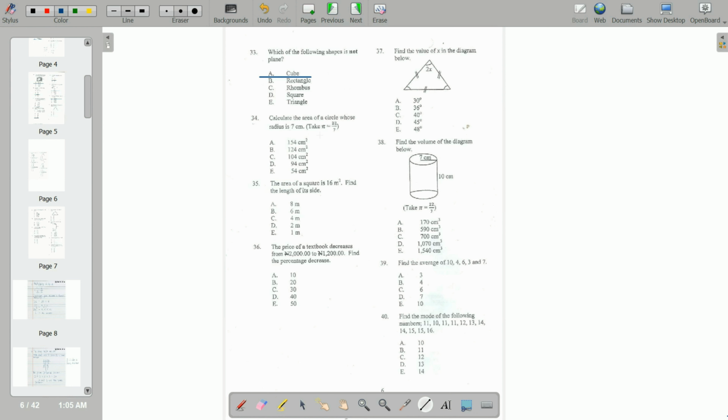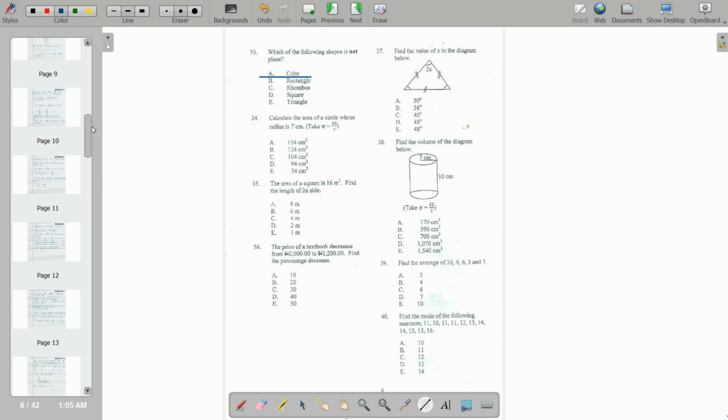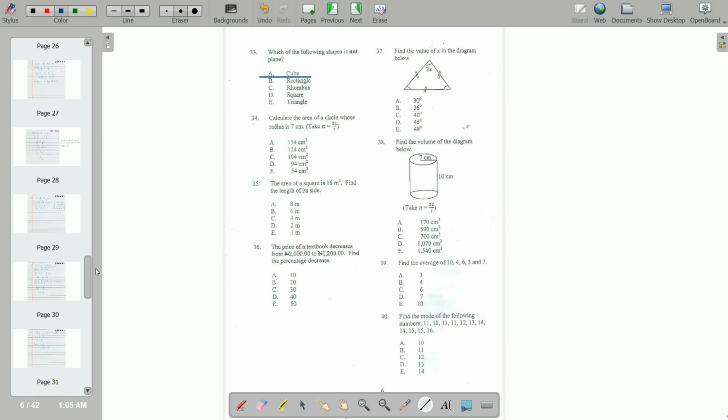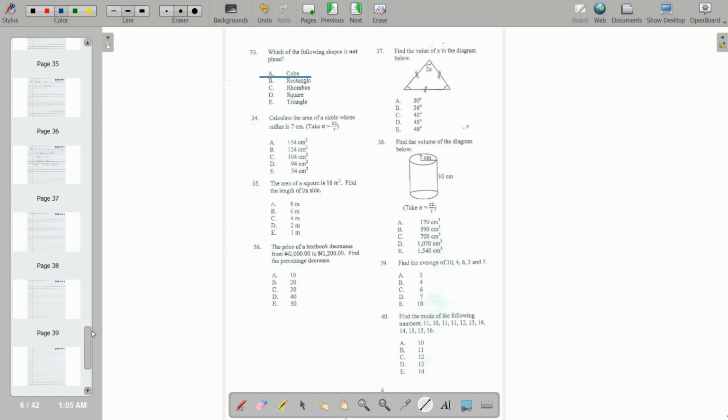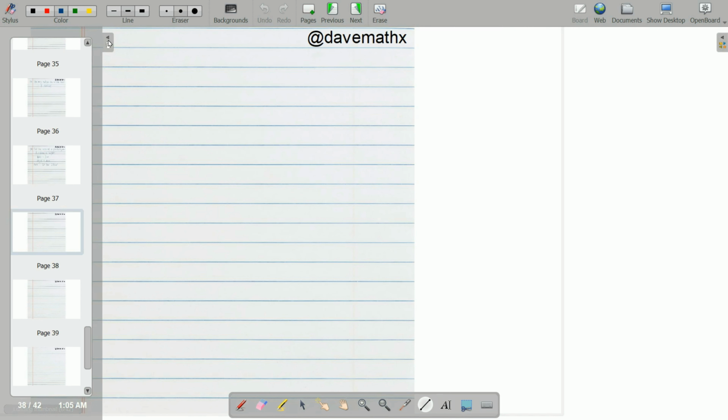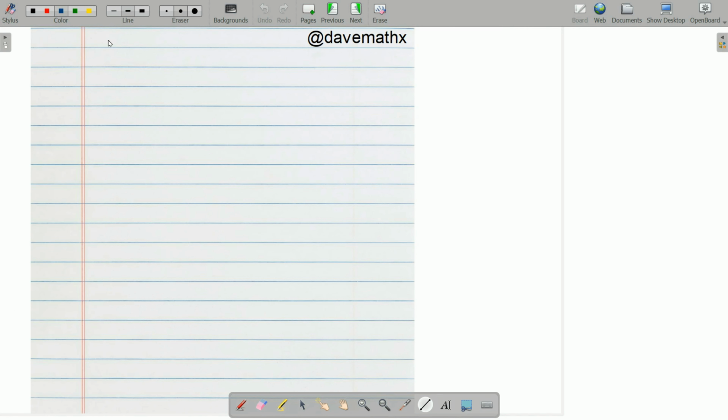Next is question 34. To calculate an area with a radius of 7, we must know the formula for an area of a circle.